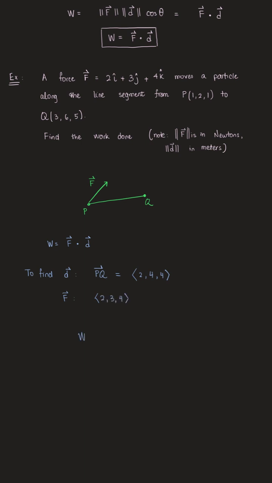And the work is going to be the dot product between the force and the direction vector. So that's going to be 2, 3, 4 dot product with 2, 4, 4. And we know how to compute the dot product here. We multiply corresponding components of the two vectors and then add. And so 2 times 2 is 4, 3 times 4 is 12, and 4 times 4 is 16. This gives us 32.